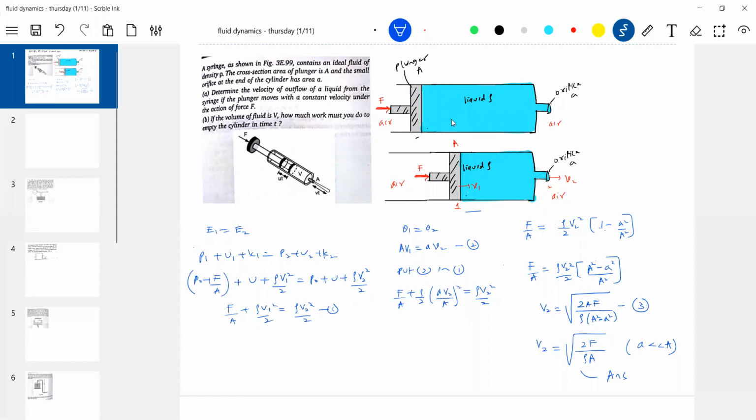Let me assume some X length here. What happened to the value of X? X will decrease with time. I'll take this diagram. We'll go for the next part of the question.